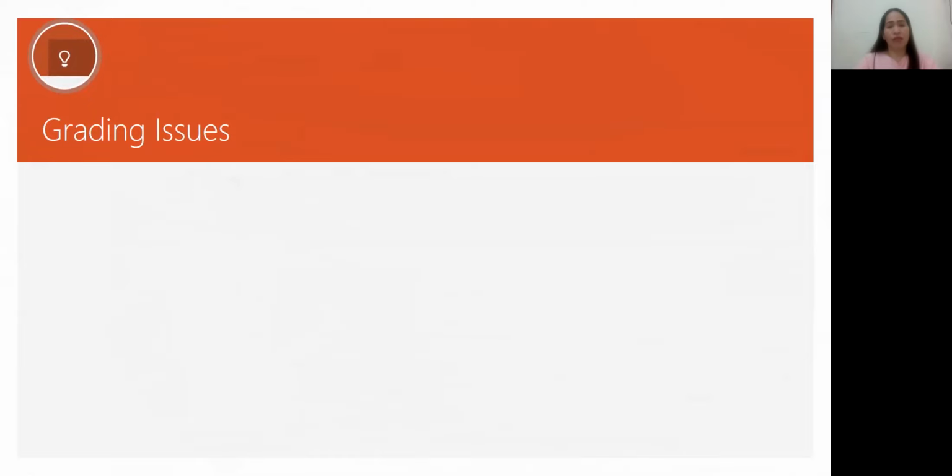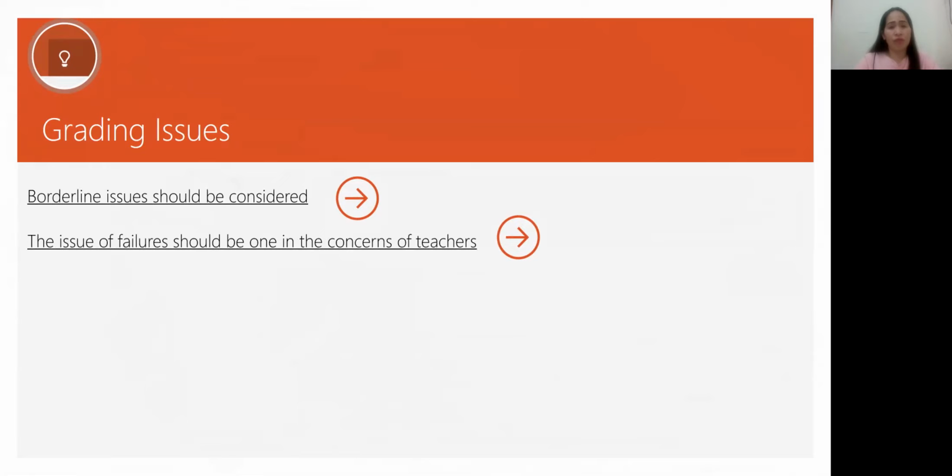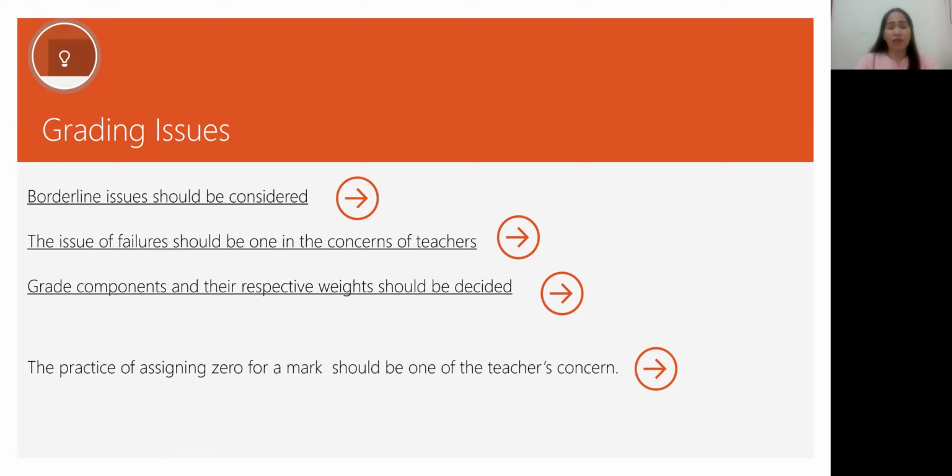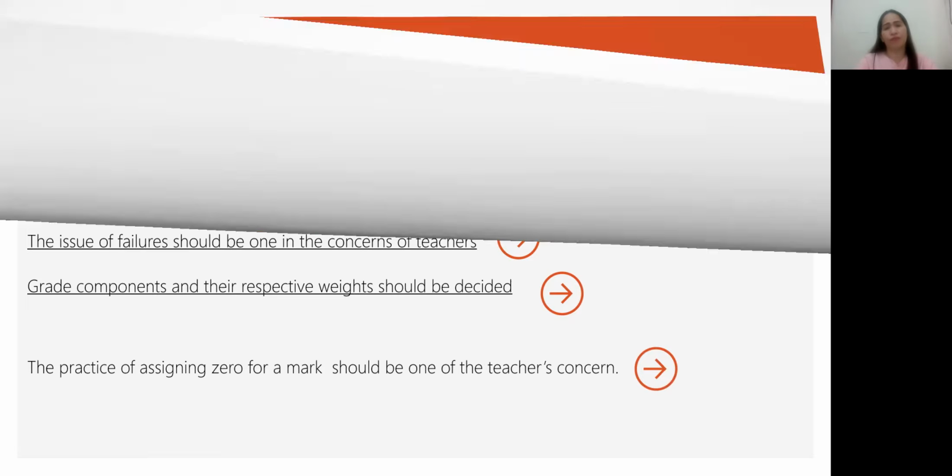Borderline issues should be considered. The issue of failures should be one of the concerns of teachers. The practice of assigning 0 for a mark should be one of the teacher's concerns.